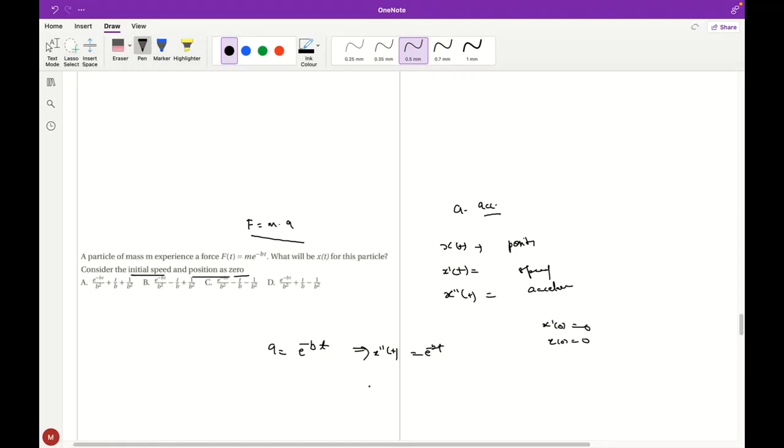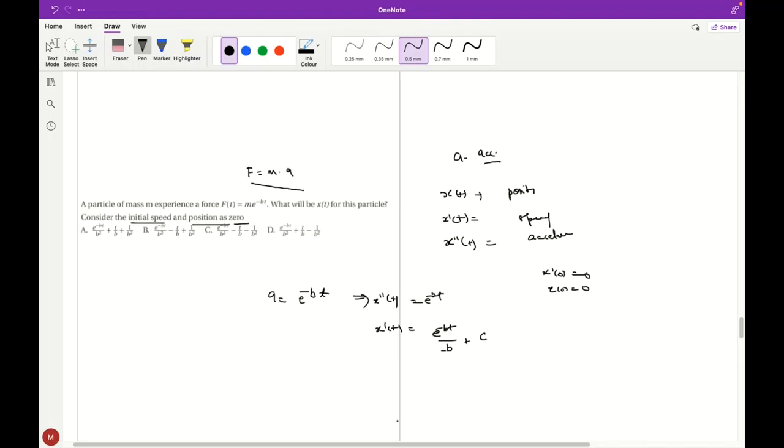So integrate this equation, and x dash t will become e to the power minus bt upon minus b plus c1. Put t equal to 0, we will get 0 equals minus 1 over b plus c1.